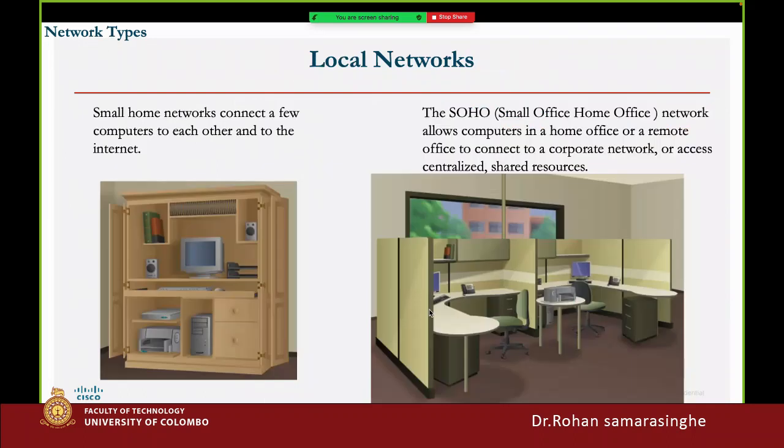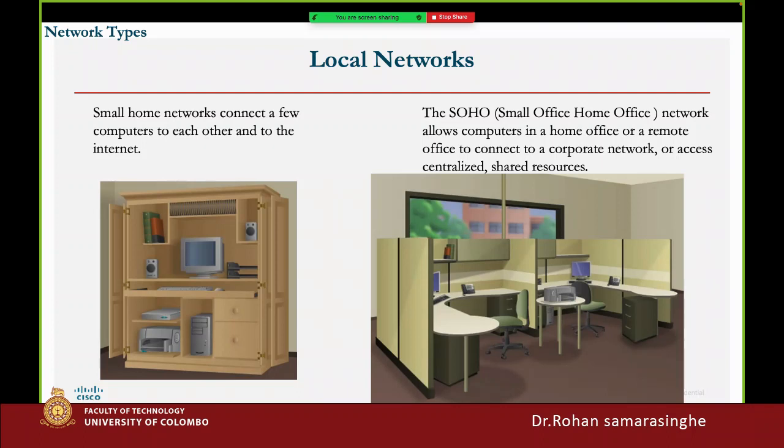And we can find these local networks, a small home network connecting a few computers to each other and to the Internet. If you get the facility from the service provider, for example PEO TV or Dialog network, you can connect your TV, your LAN phone, your desktop computer and laptop computer using a wireless connection.